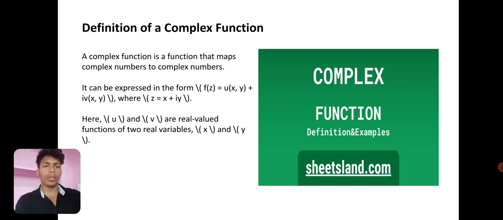Definition of a complex function. A complex function is a function that maps complex numbers to complex numbers. It can be expressed in the form f(z) = u(x, y) + i v(x, y), where z = x + iy.